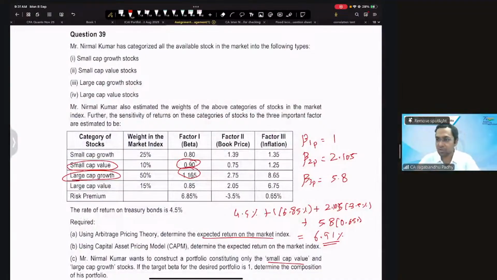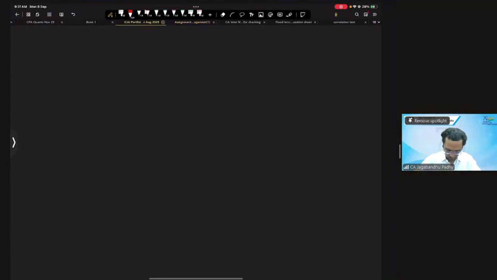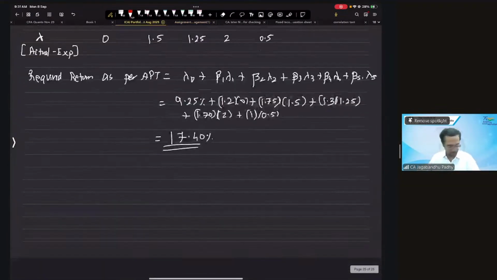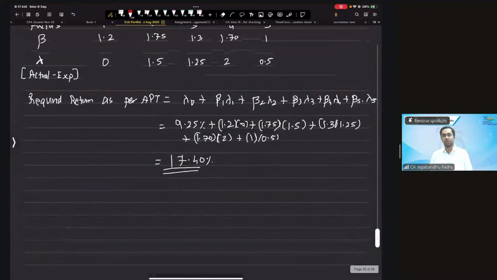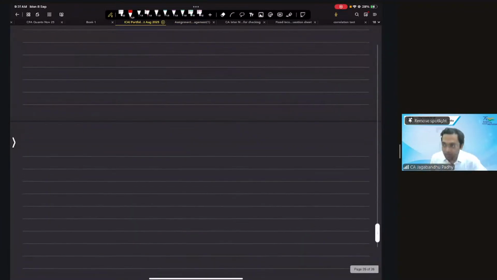Performance measures of portfolio. That's the last concept that we have to cover in this topic.